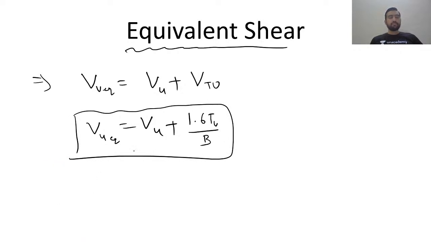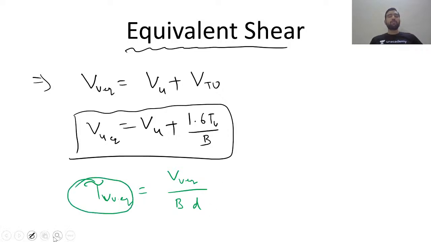And one more thing I have told you, friends. We have to calculate tau vu equivalent, which is nothing but Vu equivalent upon B into D. This developed, or nominal, value of shear stress should not exceed your tau c max.